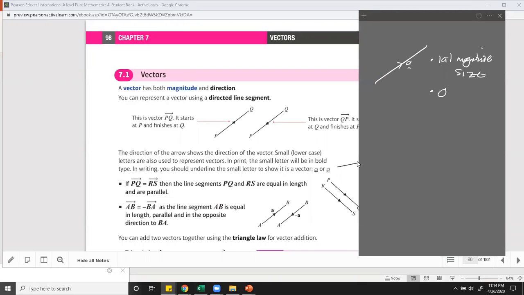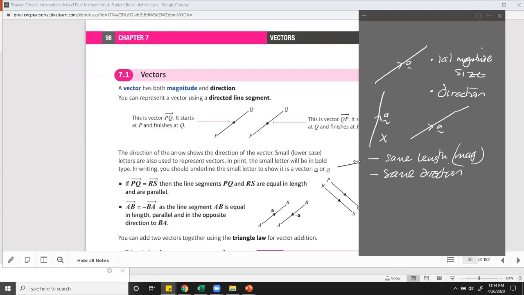And its direction: if I wrote this as being A, that wouldn't be correct because it's not going in the same direction. But A written like this, maybe a little bit longer, you can see that the position where it is doesn't matter. What matters is it's always got to have the same length, in other words magnitude, and the same direction. So that's what we mean by magnitude and direction.